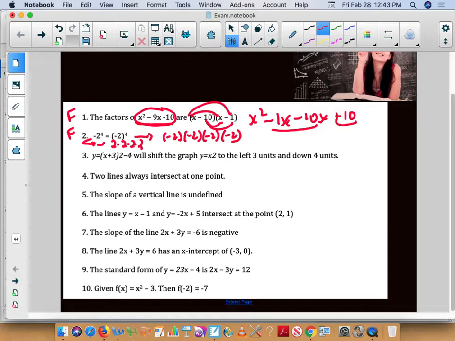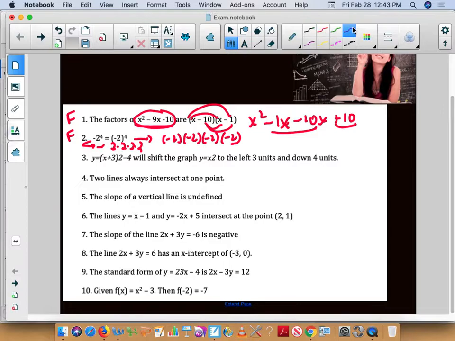So on this side, which I'll circle in blue, a negative times a negative times a negative times a negative is a positive. 2 times 2 times 2 times 2 is 16. The other one is just telling me to take 2 to the fourth, which is 16, and then make it negative. So on one side I have a negative 16, and on the other side I have a positive 16. So that one is also false.